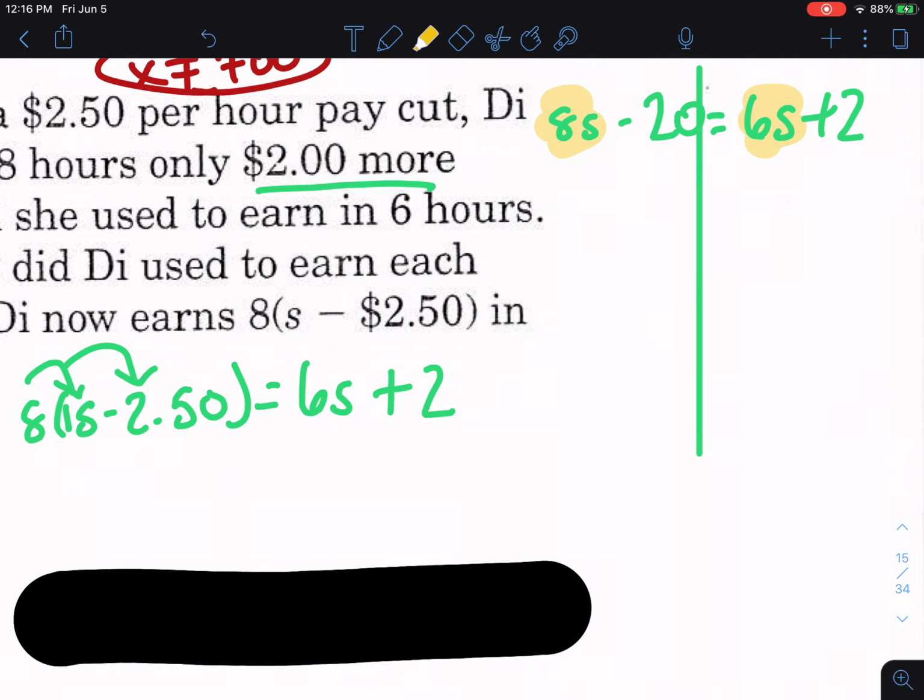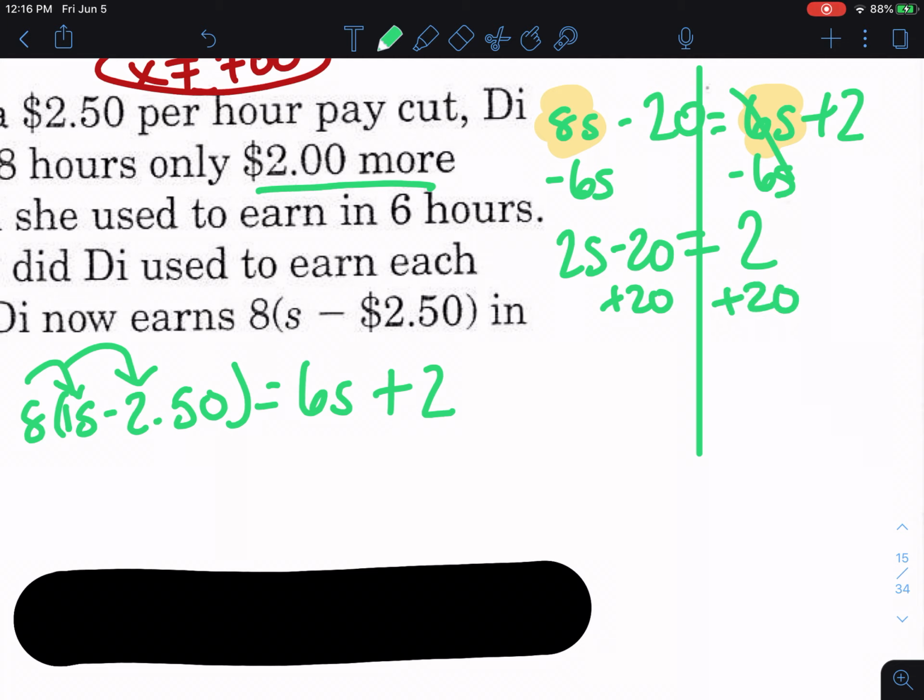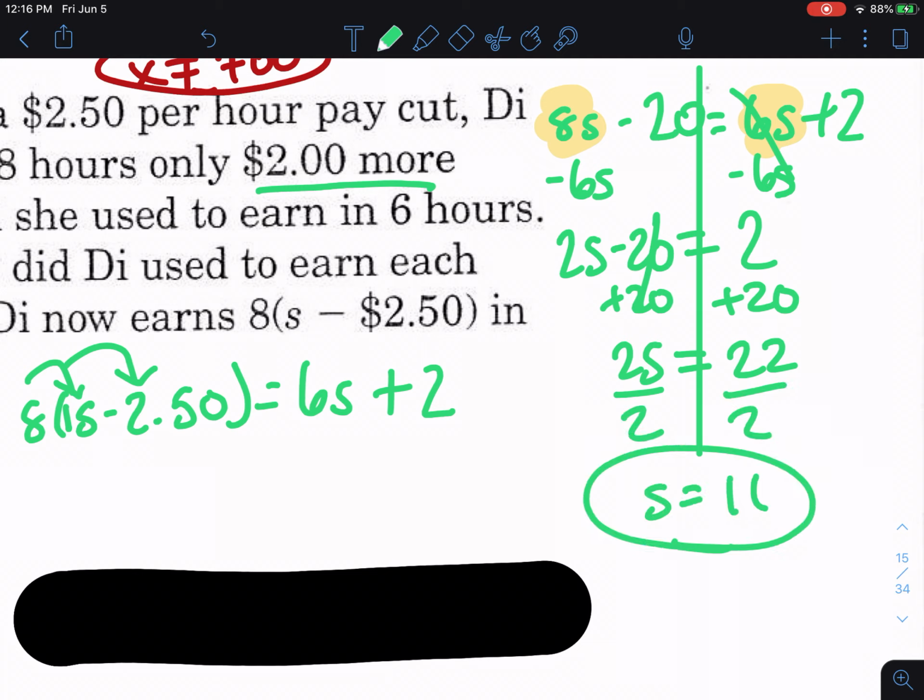So I'm going to move this 6S by subtracting it from both sides. So I have 2S minus 20 equals 2. Now I got to move that 20, so I'm going to add it to both sides. Now I have 2S equals 22, and I'm going to divide both sides by 2 to get S equals 11. And that is your answer.